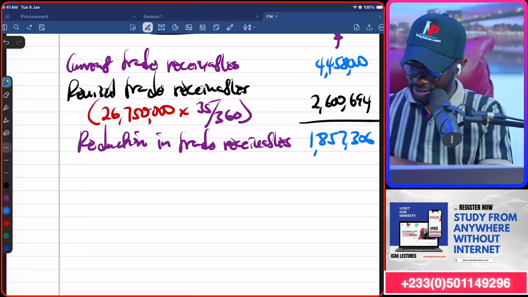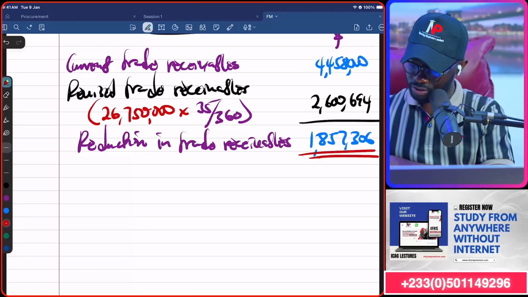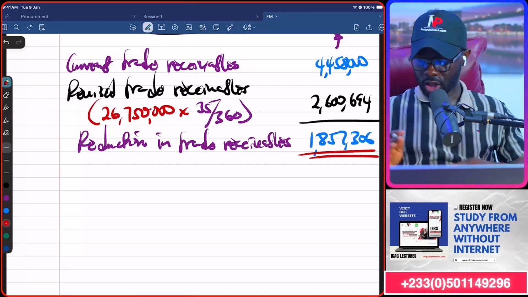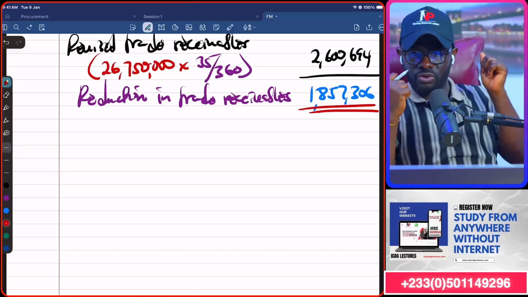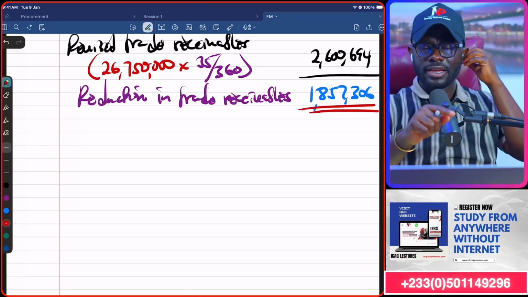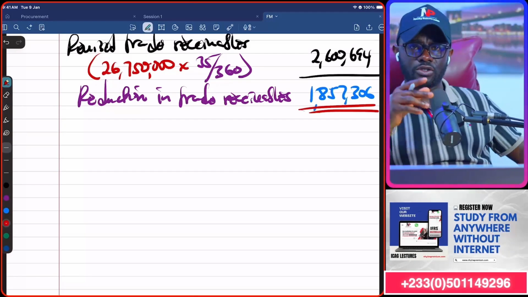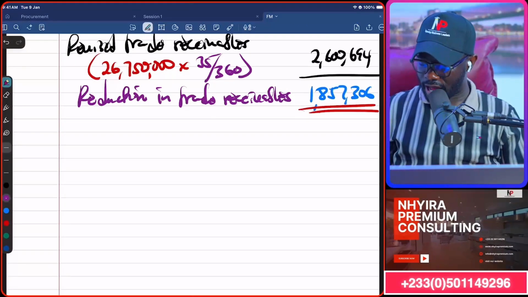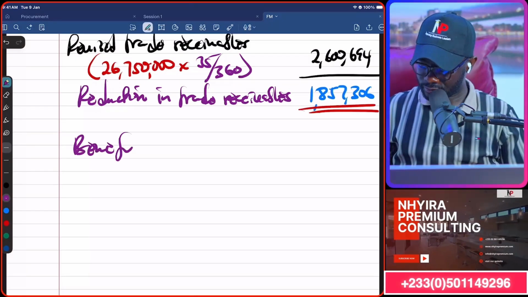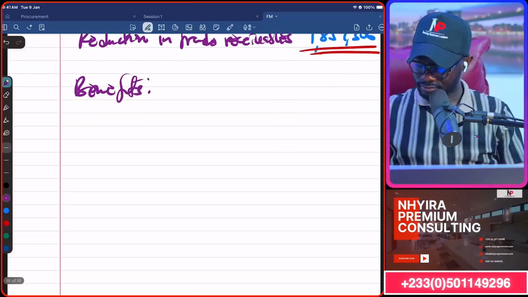1,857,306. So that is the reduction in our receivables. Okay. So if our receivables will reduce by this amount, then we no longer have to go and borrow money. So now let's look at the benefits of bringing in the factor.